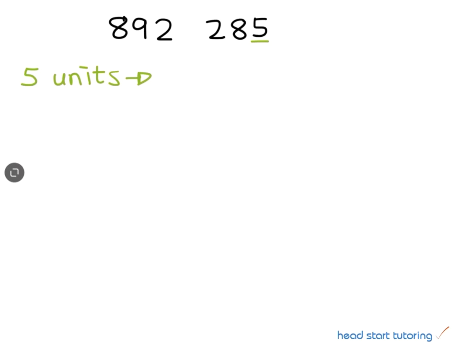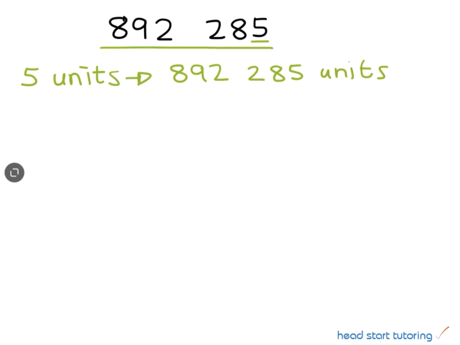Now, in a different way, we could be asked, how many units are there in the number 892,285? And our answer would actually be, there are 892,285 units in this entire number.